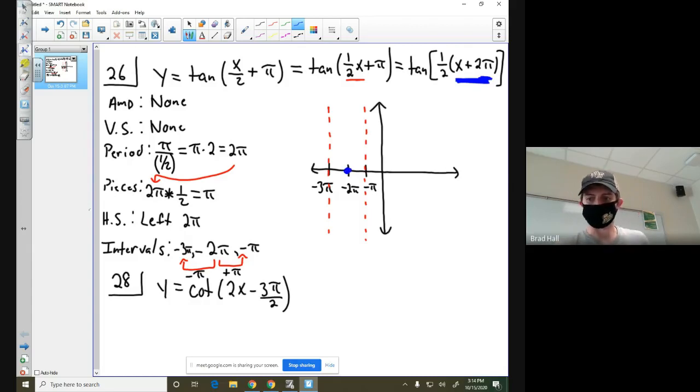Since there's no vertical shift, we have this point right here on the x-axis in the middle. And tangent, since there's no reflection, is an increasing function. So, that's a really good graph. I'm proud of that.